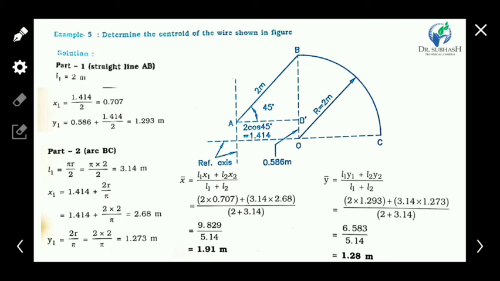Now x1 is 2r upon pi plus this horizontal distance, which is 1.44. Clear that?